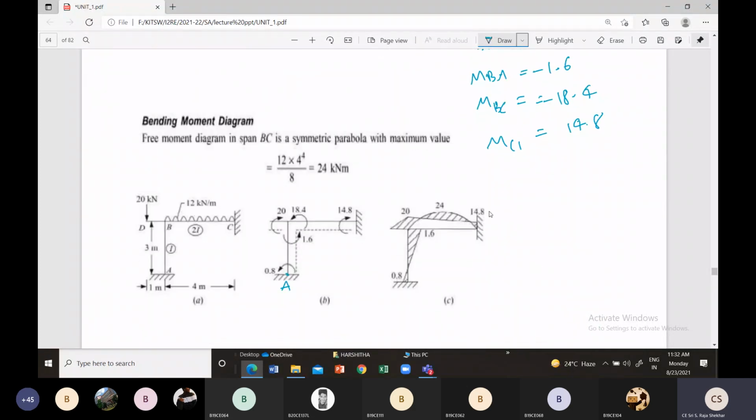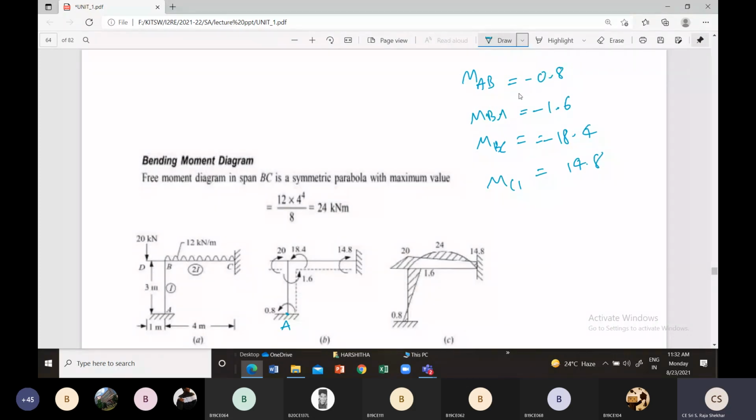Now we write those moments. MAB is equal to minus 0.8, and that means it will produce an anticlockwise moment at A. MBA is equal to minus 1.6, that is an anticlockwise moment at B. MBC is also anticlockwise, 18.4.